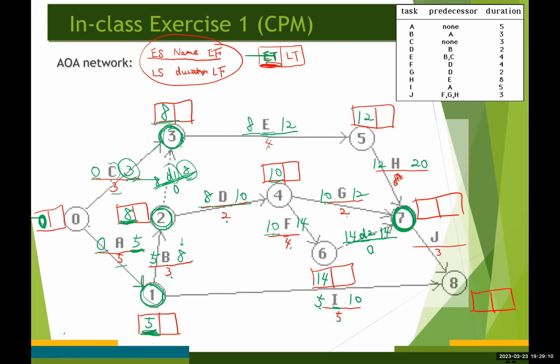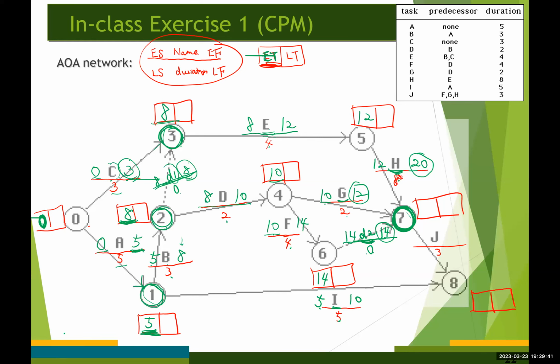And this time, again, we need to take the maximum value, the largest value among these three: 20, 12, 14. All right? Because node number 7, event number 7, represents the completion of all these three activities, activity H, activity G, and the second dummy activity.